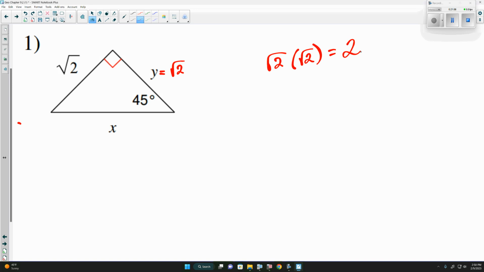Because in a 45-45-90, the sides opposite the 45 are the same, and the hypotenuse is whatever that length is times the square root of 2. That's it.